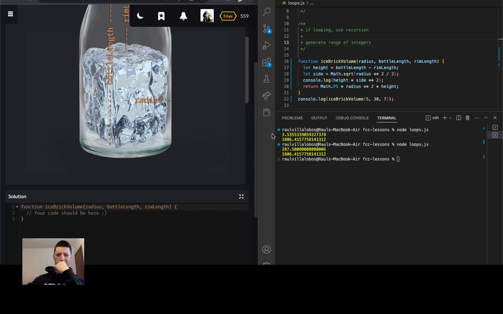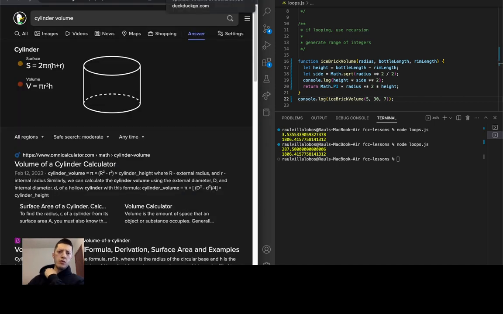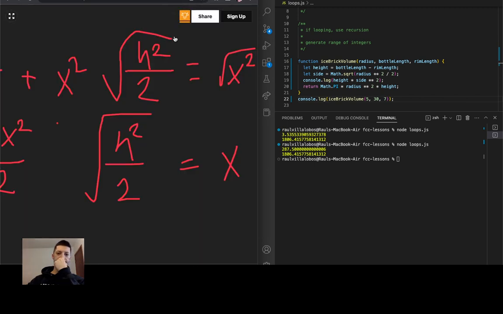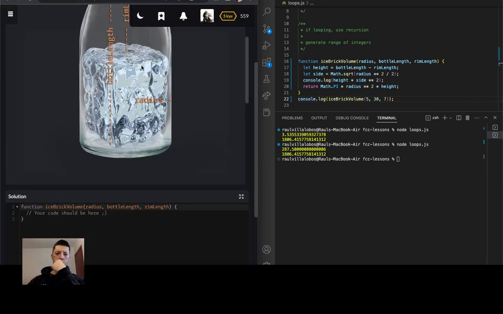Radius of the bottle. What is this supposed to be multiplied to? I'm going to do some backwards multiplication here.